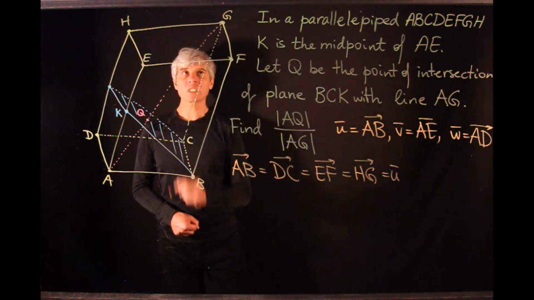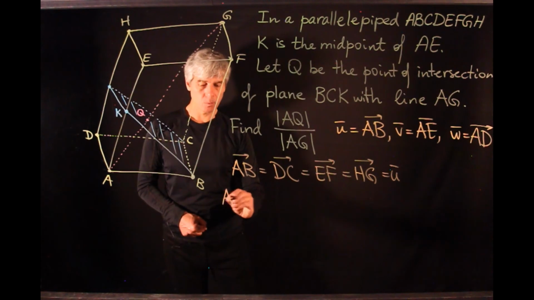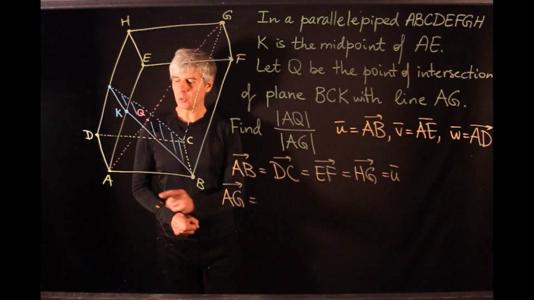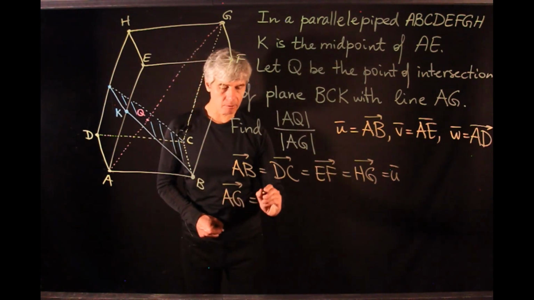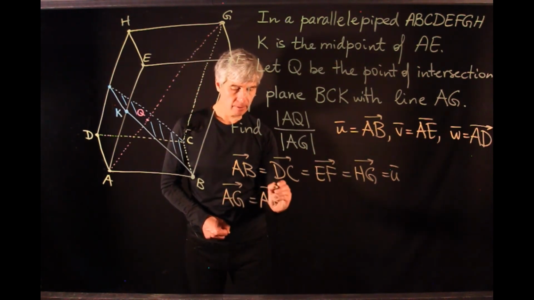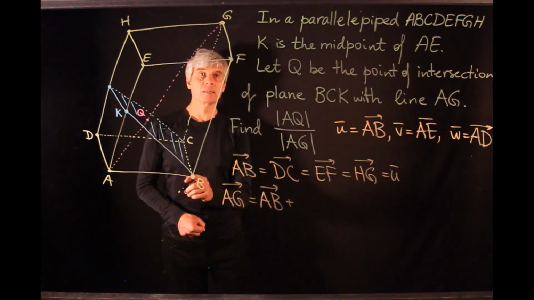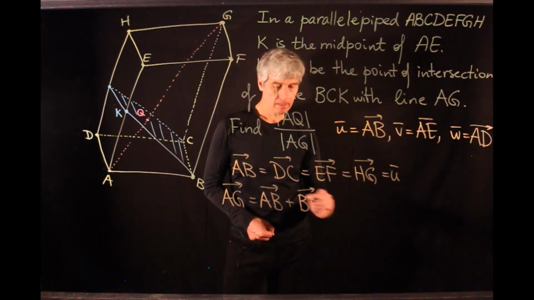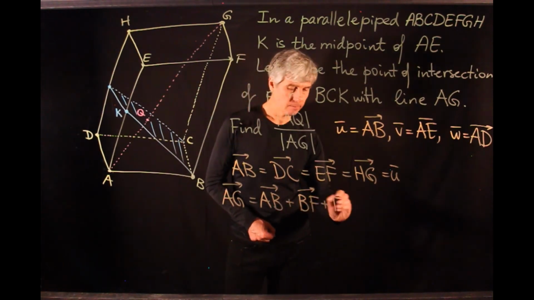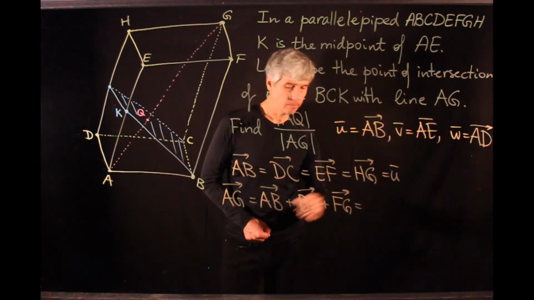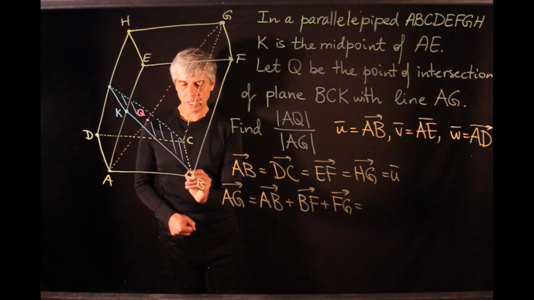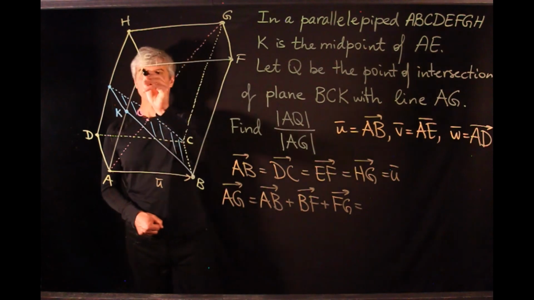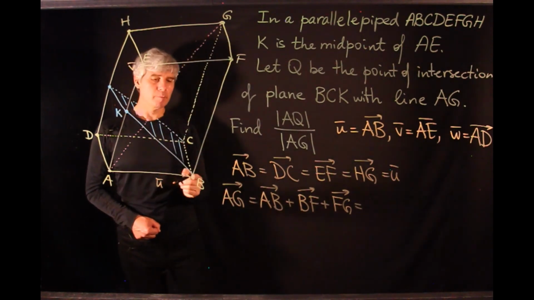The first interesting vector is the diagonal. So what is AG? Here we can use the head-to-tail rule, and we can write this as AB plus BF plus FG. AB is our u.